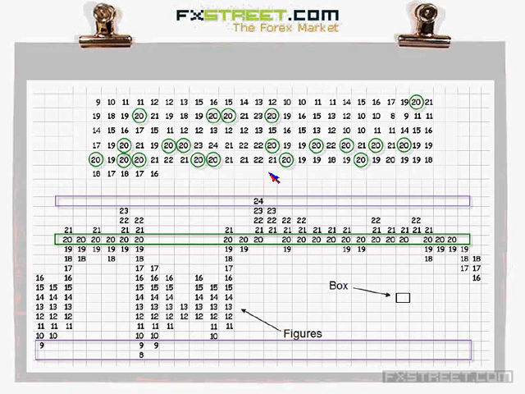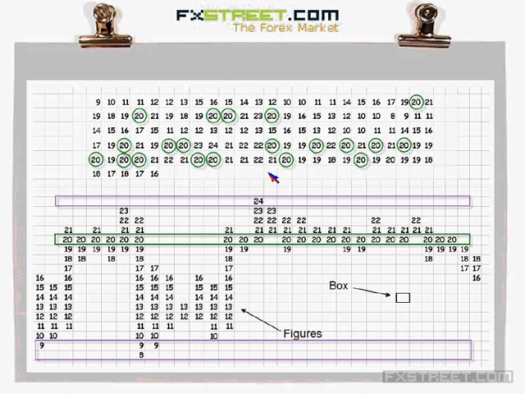But the name came from the fact that the figures were noted in boxes. Okay, so each number, or each figure in this case, occupies a box, what is called a box.